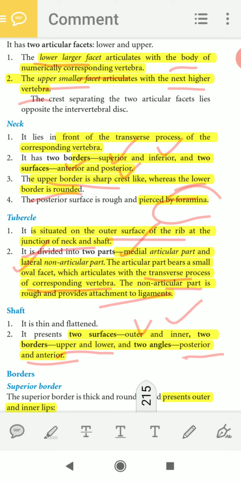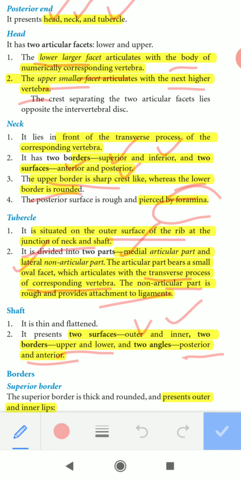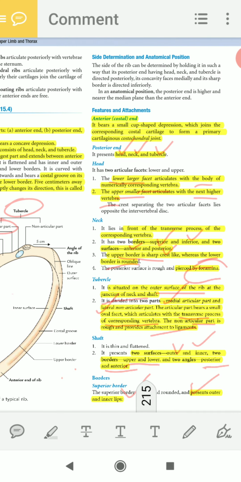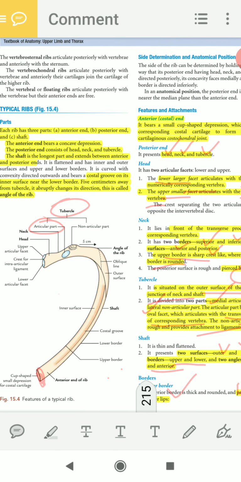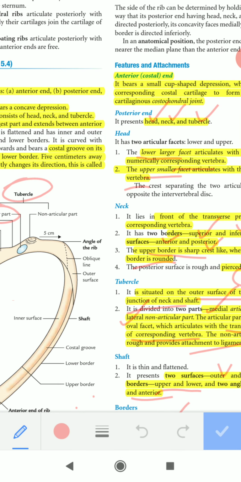In the superior border, it presents two lips, outer lip and inner lip. So this is the upper border, this is the lower border, and it has two surfaces, this is the outer surface and this is the inner surface. Okay.